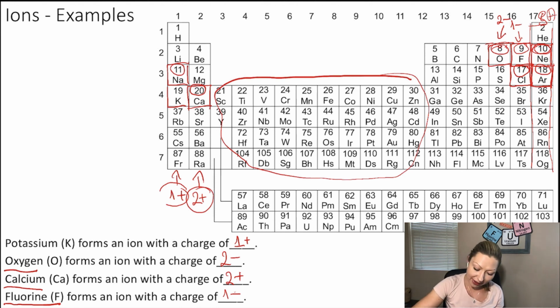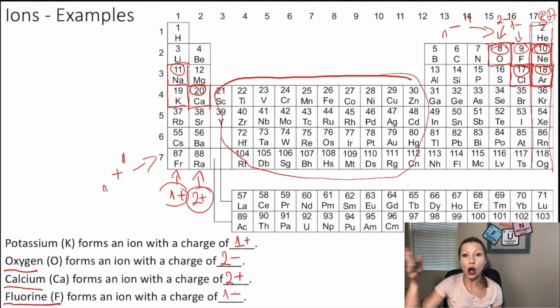So all metals on the left side of the table are going to have positive charges, and all nonmetals on the right side of the table are going to have negative charges. Okay, so nonmetals are gaining electrons, metals are losing electrons. Okay, so I hope this makes sense.